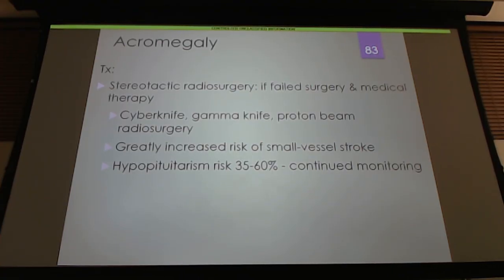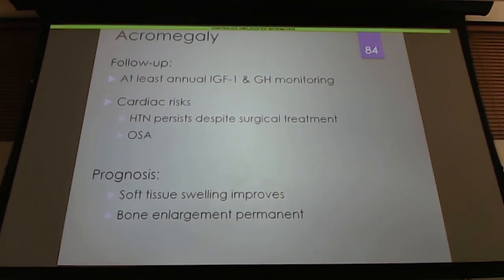But there's significant risk, even higher risk for hypopituitarism, where the pituitary fails after radiation. These patients do pretty well after their transsphenoidal resection. Their soft tissue, so the fleshy nose, the hyperhidrosis, even the enlarged tongue, carpal tunnel, all that soft tissue stuff should improve.